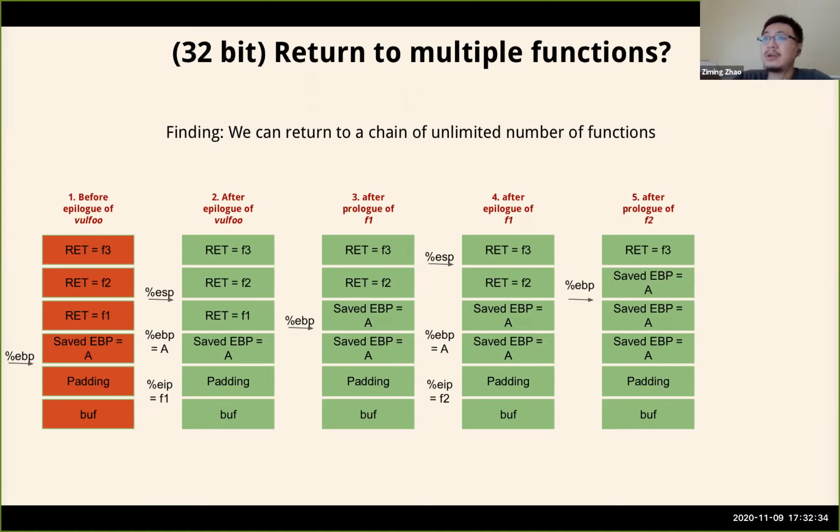We usually return to somewhere in the .text section, but that somewhere is not a function. It's just some code snippet, some code sequence. And those code sequences are not necessarily interpreted as code if we start from somewhere else actually.